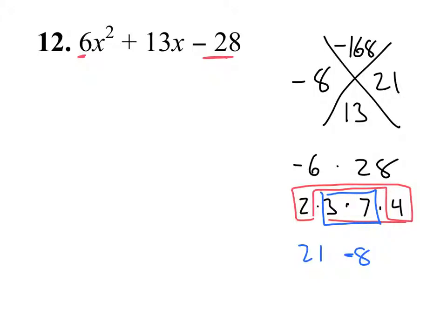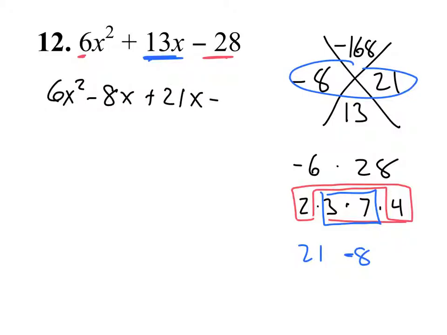So what we should be doing here is using these two numbers to break apart our middle term. So 6x squared minus 8x plus 21x minus 28. Then we group the first two terms together and the second two terms together.